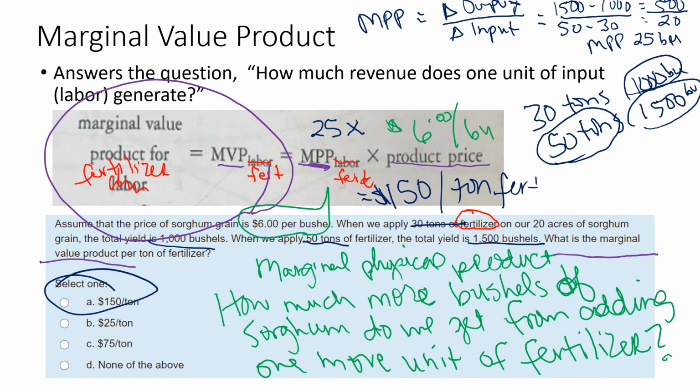That's the value that we are going to get out of that fertilizer. We're going to get $150 per ton out of that fertilizer. So would it be valuable to increase our fertilizer application? Yes, it would be.